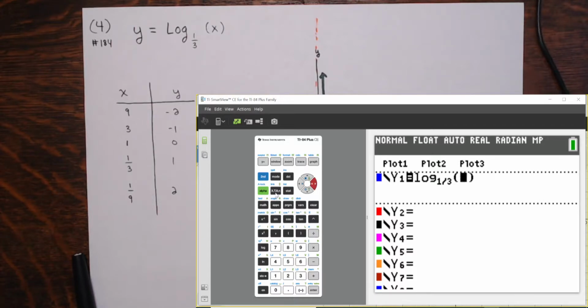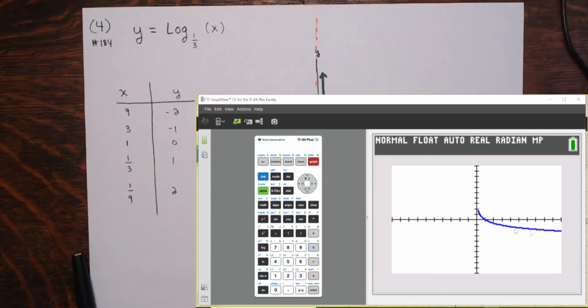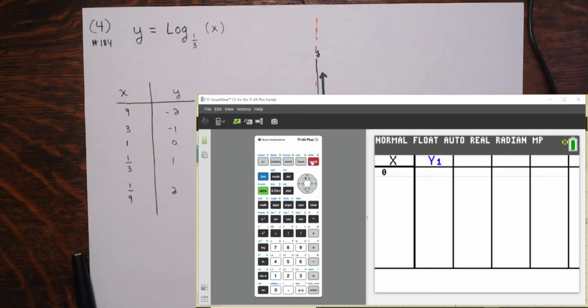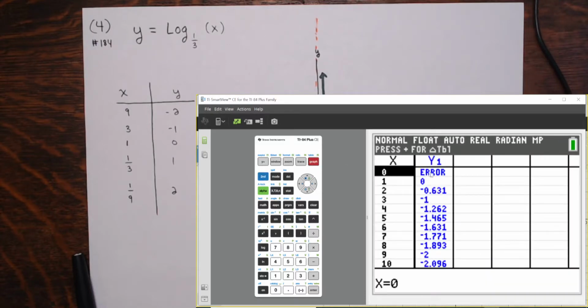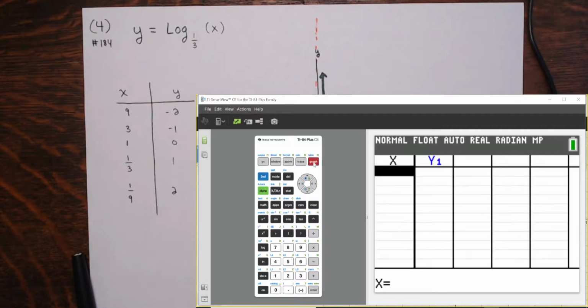Log base 1/3 of x and graph, and you see now it's not as nice as Desmos, but you see it is a decreasing function. If I go to a table, you see how it has an error at 0. In fact, I'm going to go to table setup and just change it to independent to ask, so I can plug in whatever I want for x and then go back to the table.